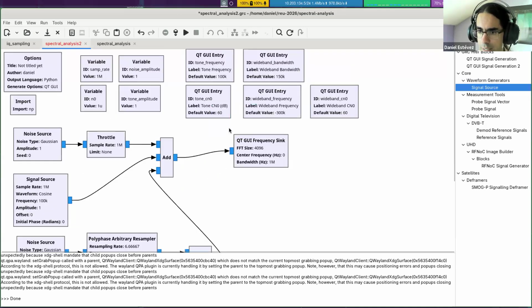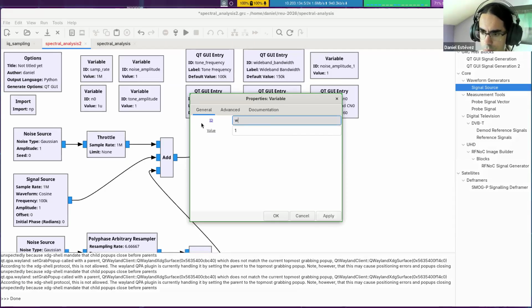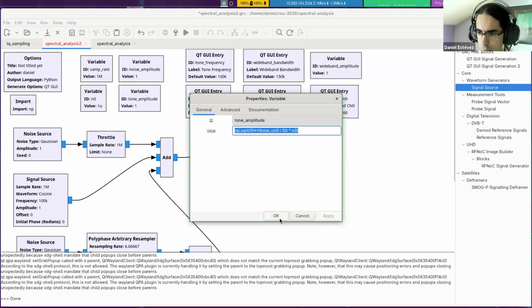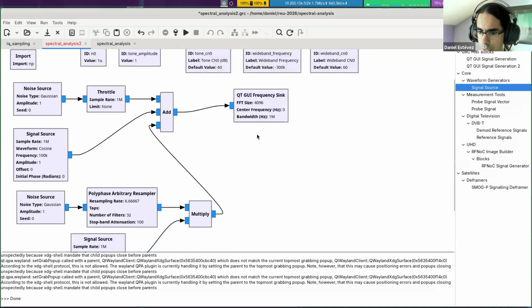So how do I set the amplitude? Wideband amplitude. And essentially, I need to do a calculation, which is going to be the same as here for the same reason, actually, but with wideband CN0 rather than tone CN0.